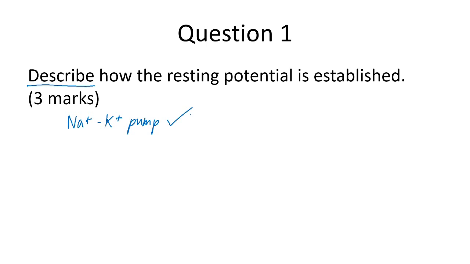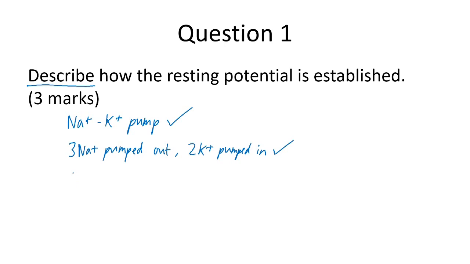And then when you're discussing the sodium-potassium pump, you need to be saying what it's doing and the ratio of the ions that it's moving. So if you mentioned in your answer that you've got 3 sodium ions being pumped out for every 2 potassium ions that are pumped in, that would gain you an extra mark.